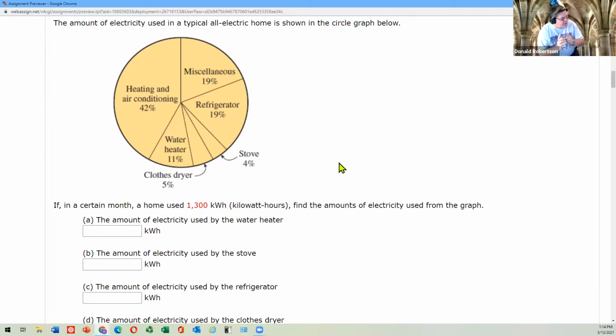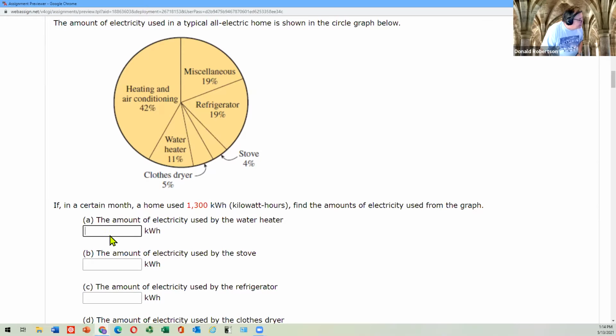If this was Alaska or Arizona, can you imagine those distributions might be different? Just keeping yourself warm or keeping yourself cool. But taking that in mind, what we've got here is that in a typical month, we use 1,300 kilowatt hours.